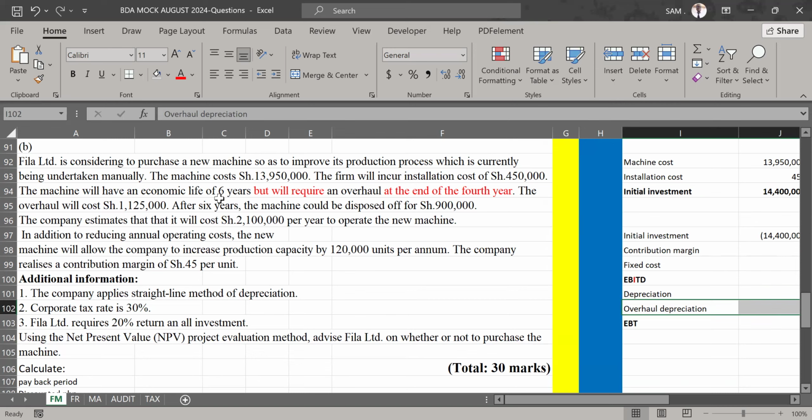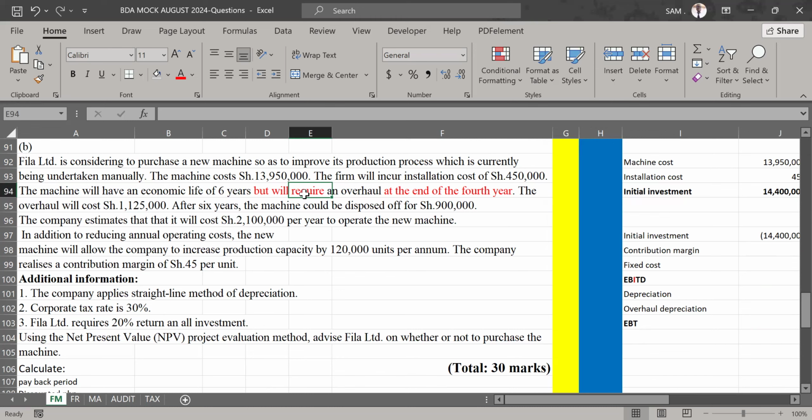So it is all about the language. Because this overhaul cost significantly changes the useful life of the machine, as the useful life of 6 years depends on it, we qualify it as a capitalization cost because of the nature of that cost on the economic useful life.